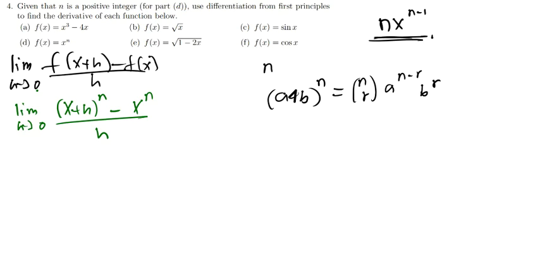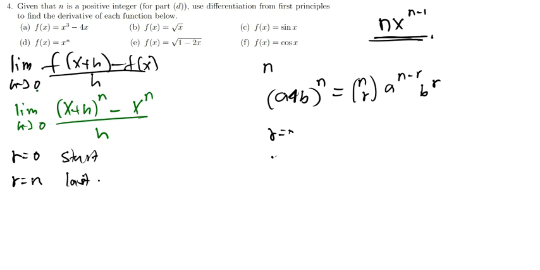Where r starts from 0, it's going to be n choose 0, until r reaches n. The last term has r equal to n.